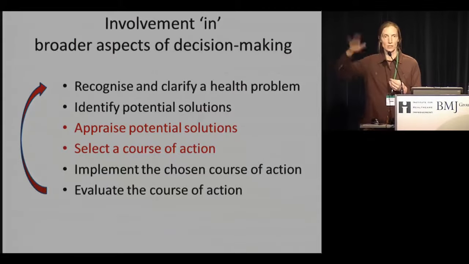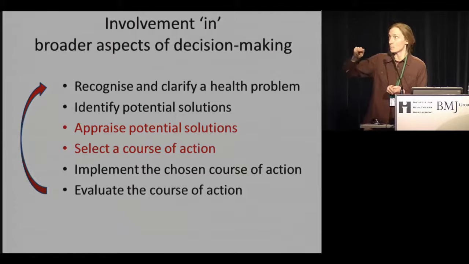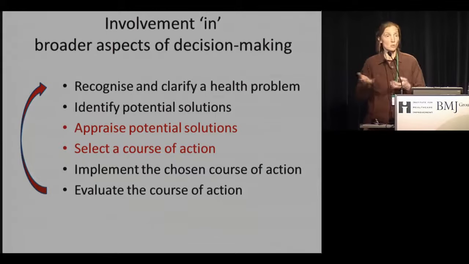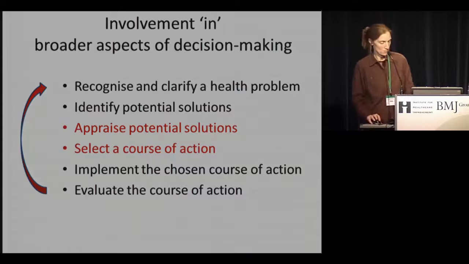But as this slide tries to show, that activity is located in a broader problem recognition, problem solving cycle of decision making and review. Patients might be involved in any number of those processes, and indeed being involved in some of the earlier ones, like recognising and clarifying a problem and identifying some possible treatment options, might have knock-on consequences for how they can be involved in the next stages. So it's worth thinking about involvement in that broader range of activities.